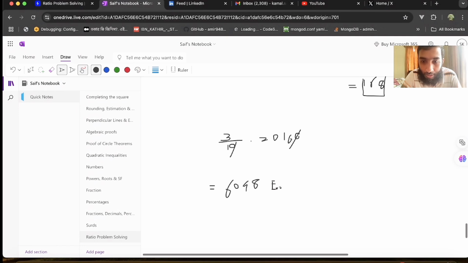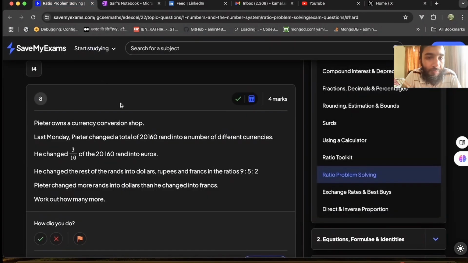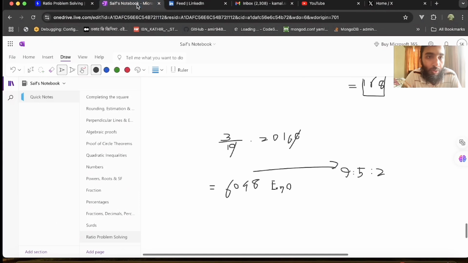So the rest of the rand is divided into the ratio of 9:5:2 among dollars, rupees and francs. So this is dollar, the ratio number for dollar is 9, rupees is 5 and the franc is 2 in the ratio.